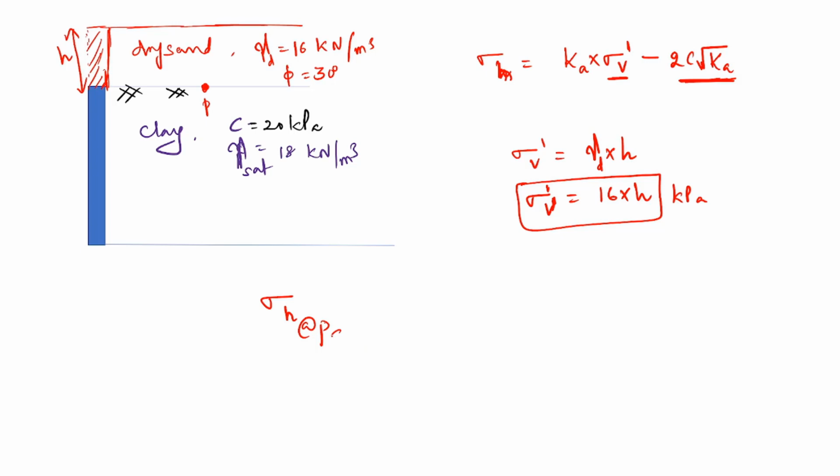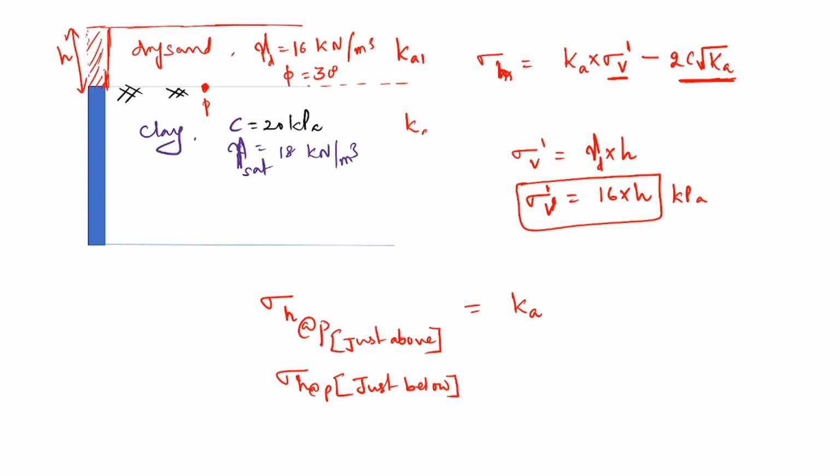Also I can do just above, just below. There are two things: sigma h at P just above and just below. What is just above? Ka due to sand. I will say Ka1 and Ka2, which are two different Ka values.